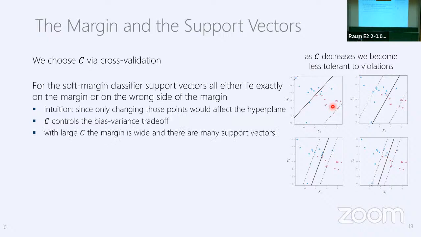So large C, margin wide, many support vectors. So knowing this, would you say that a large C has low variance and high bias, or high variance and low bias? Yes. Okay. What is your intuition here?